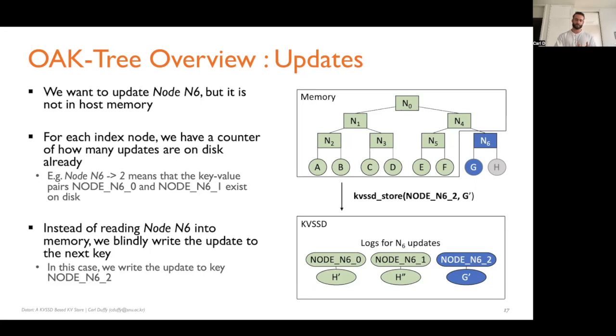We have the key value pair node N60, which has H delta, and we have the key value pair node N61, which has a second delta of H. So we want to update N6 with the delta of G, and we already know that there are 2 updates to N6 on the KVSSD. So without reading N6 into the host first, we write this update blindly to the KVSSD with the key node N62, the next update in line, with the delta of G.